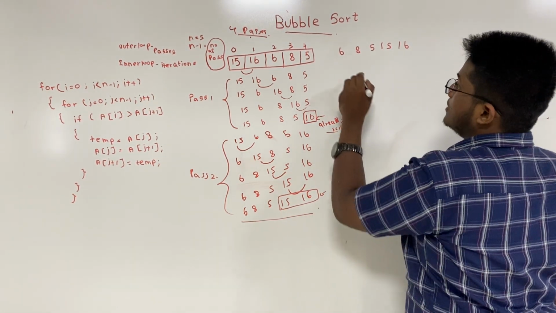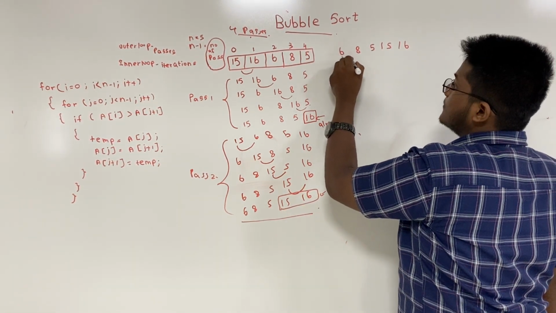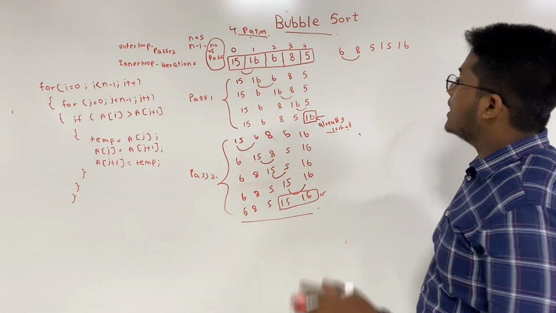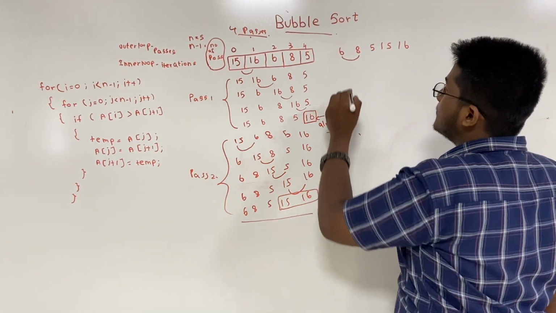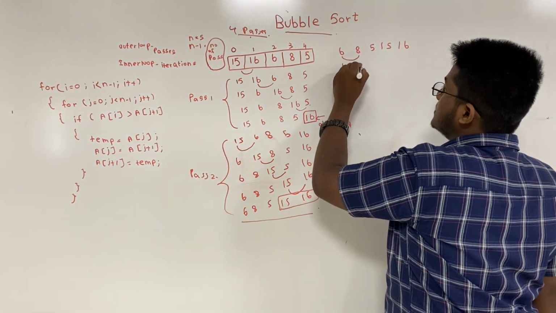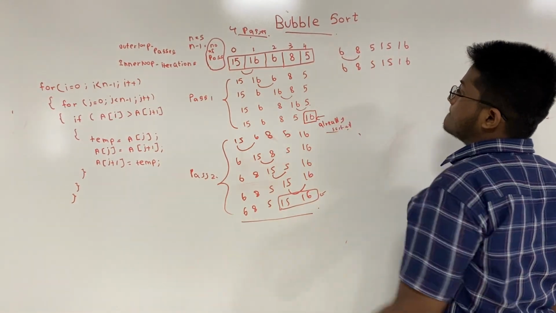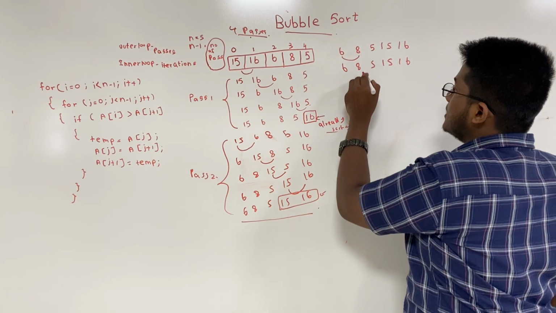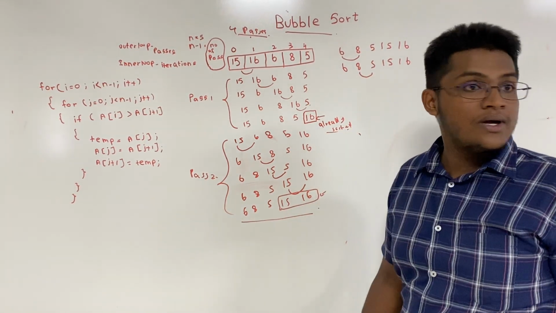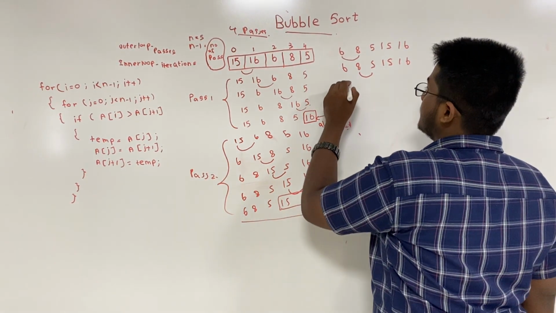Now again we are checking. Is 6 greater than 8? No, it's wrong. Then we write the same. Next, is 8 greater than 5? Yes, it is greater than 5.